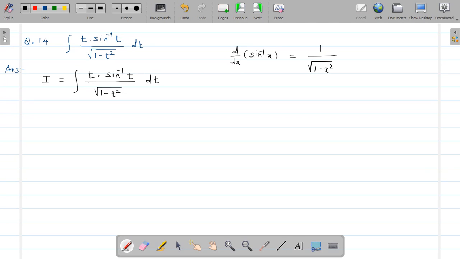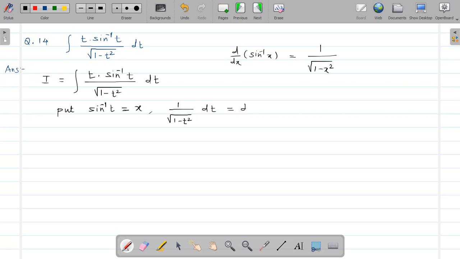So there is a relation between sine inverse of t and 1 upon root of 1 minus t square. Before evaluating this, we have to substitute: put sine inverse of t is equal to, now we will consider the variable x. So consider sine inverse t is equal to x.